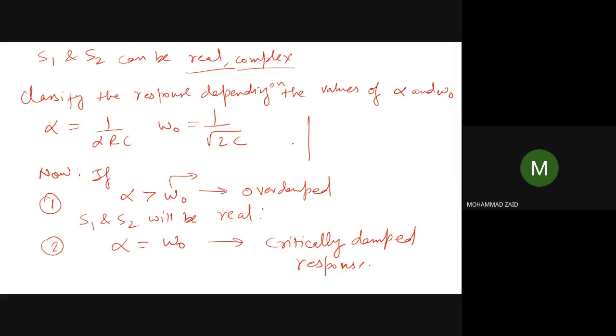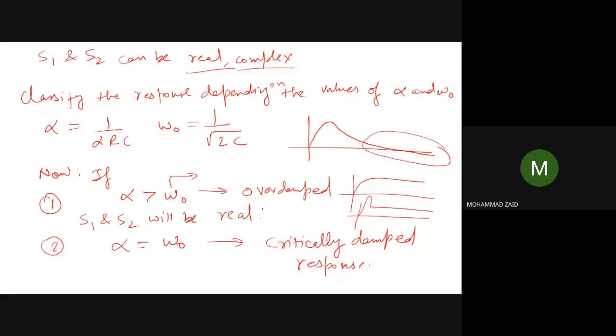Suppose the response in this case will come out like this. So ultimately everything will go to zero. If this is a forced response, then it will become like this, or like this, or like this, depending upon the values of L and C.